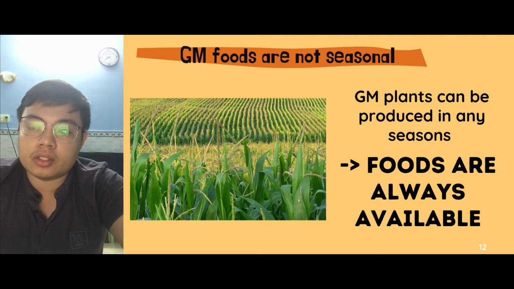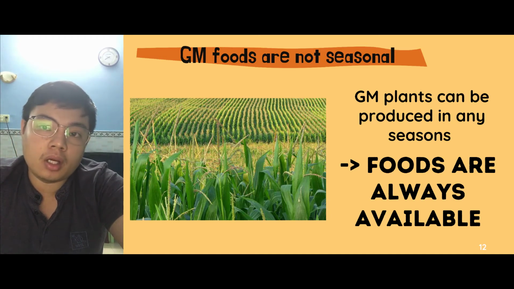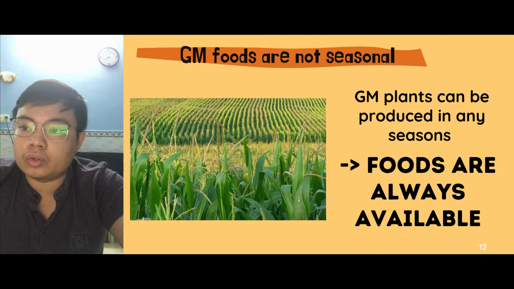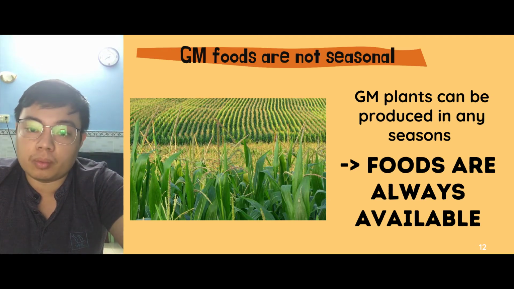This assures that the amount of food supply will always be adequate to meet the huge demand of customers. All around the world, everyone equally has a chance to approach food. So foods are always available to consumers. That means it will reduce the issue of lack of food supply.